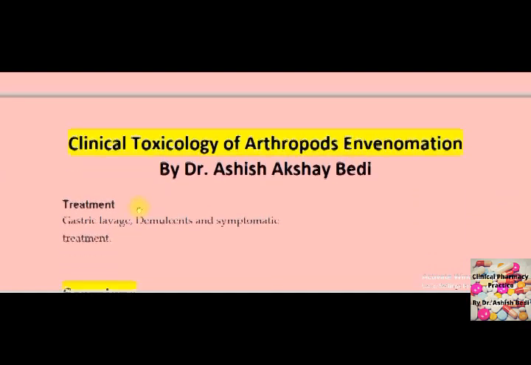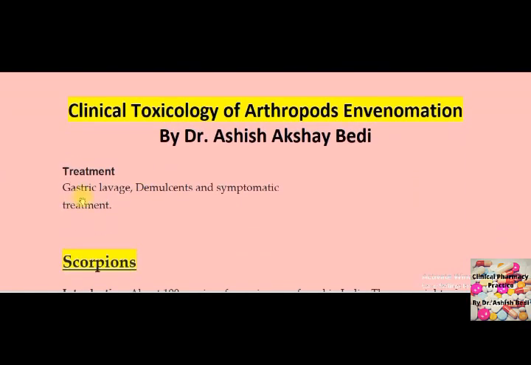Okay, what is the treatment? Treatment is very simple. If the patient is poisoned by this Spanish fly powder, then the patient should undergo gastric lavage. Demulcents, because it will cause irritation in the mouth, pharynx, and all those areas. To prevent that, demulcents should be given. And the third one will be symptomatic treatment.